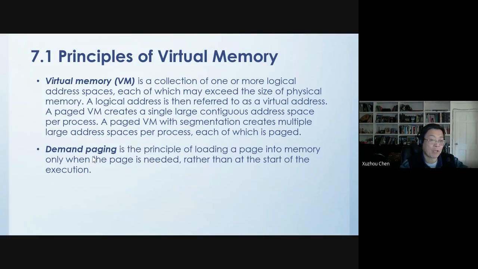Even though the program contains 100 pages and the physical memory only contains 64 frames, initially we only load 10 pages and execute them. Then as some pages complete execution, we can free up the space and load some more pages. Just like a warehouse, if we manage this well, we can run a program which is bigger than the physical memory can accommodate.